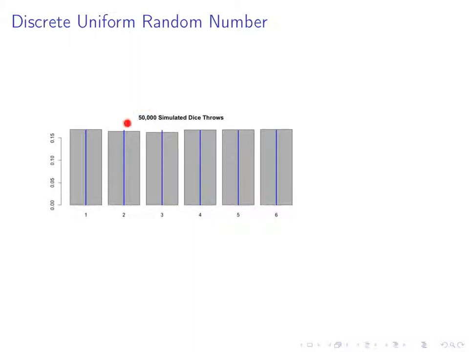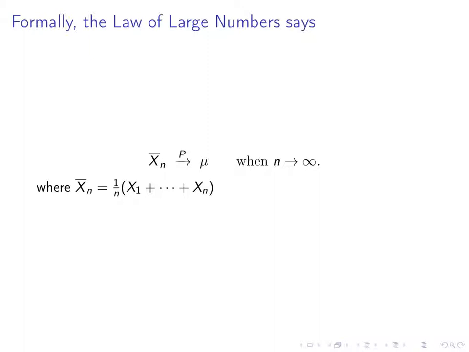And by the time I've rolled 50,000 dice, and I certainly did that with a computer, you can see that the grey bars denoting the proportion of rolls that were 1 or 2 are indeed very close to the blue lines that are denoting the probability of 1 over 6. And this is something that our intuition tells us, but it's formalised mathematically by the law of large numbers.